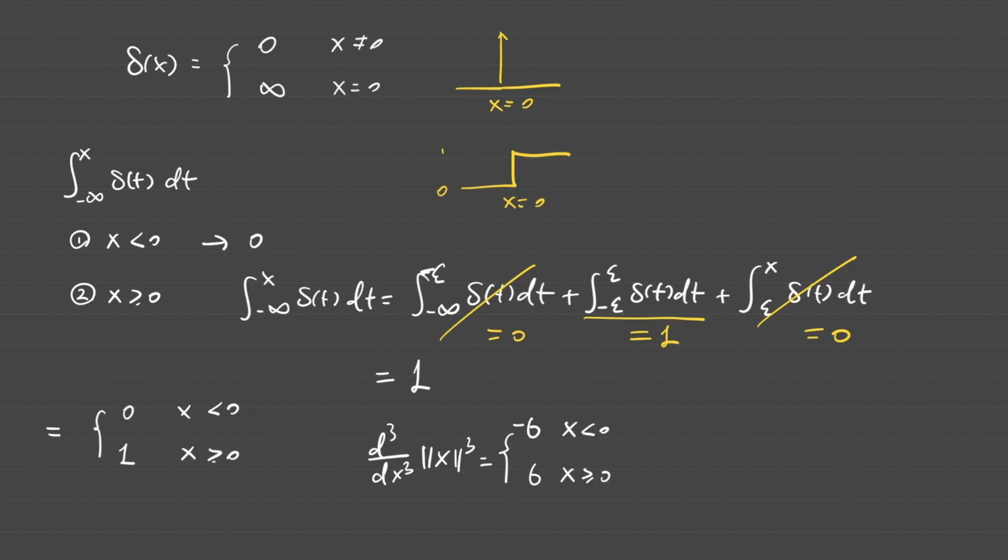So this equals step of x. So this thing is going to equal 12 times step of x minus 6, which means that our first derivative will equal 12 times delta of x.